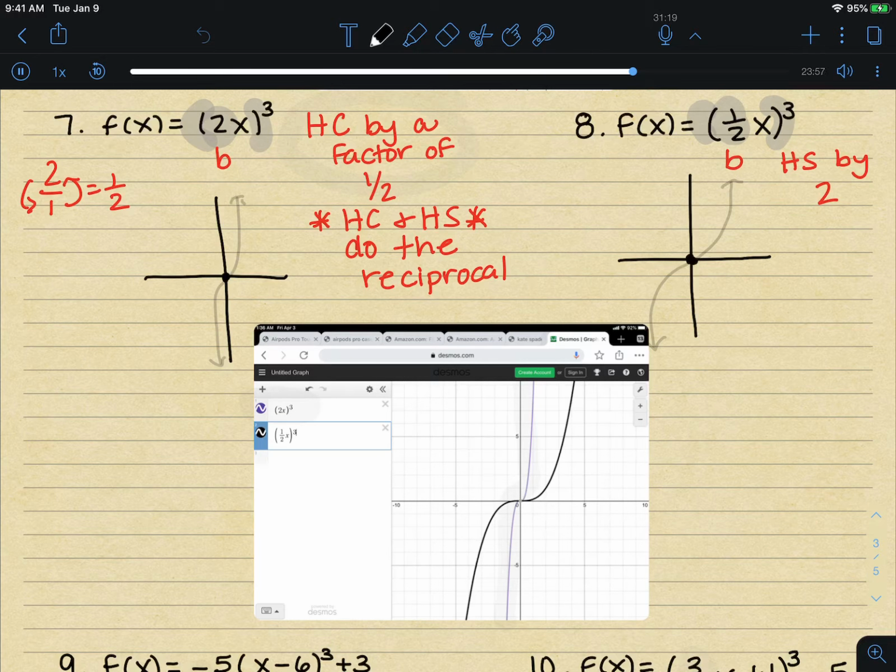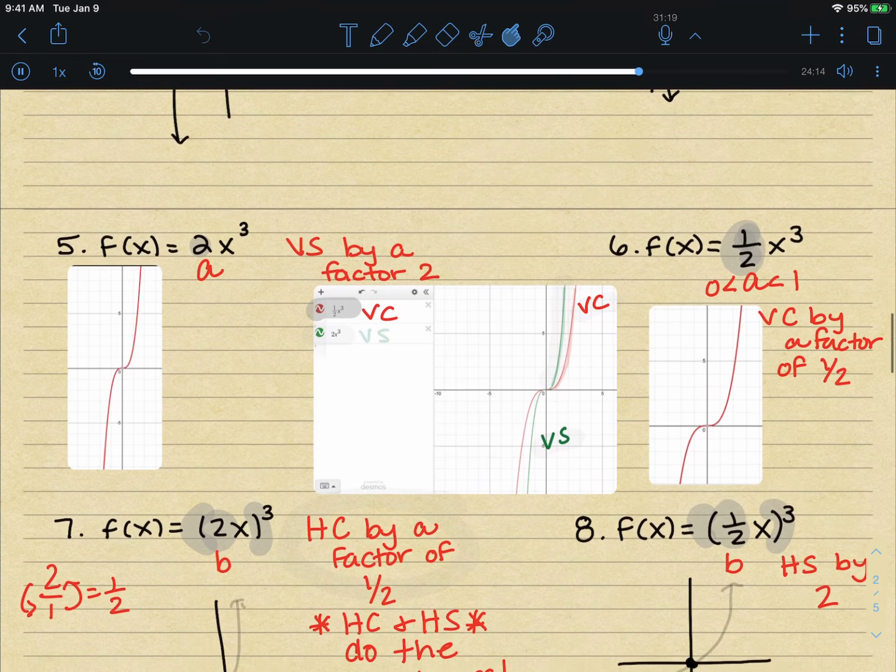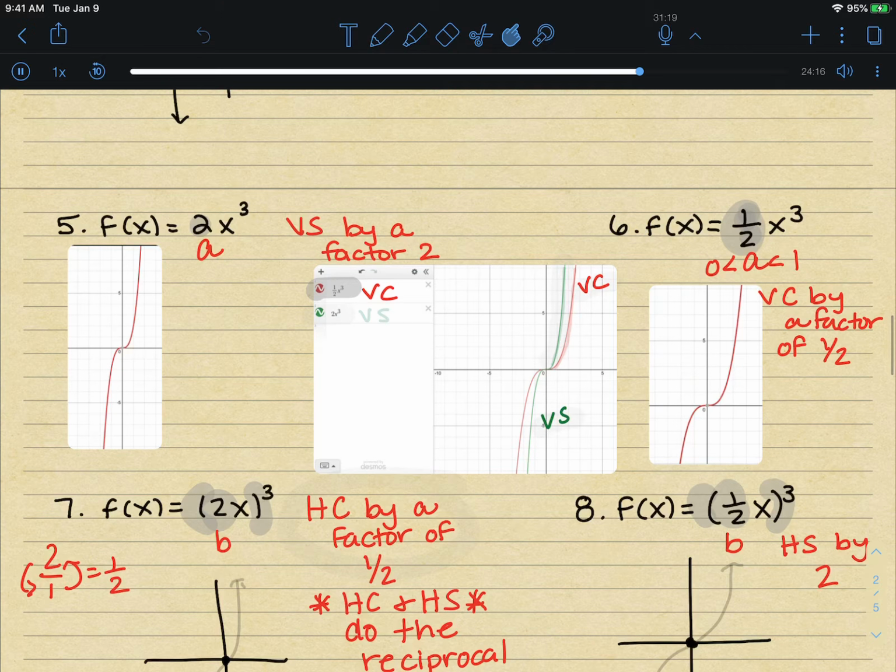So if you look at this here, the one showing vertical compression is going to be here in red. And the vertical stretching, I'm going to go ahead and put it right here in green. And I also went ahead and labeled them right there.